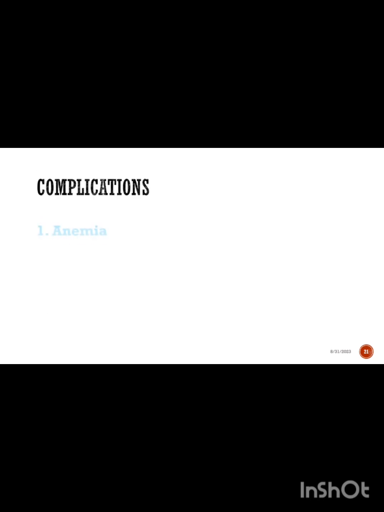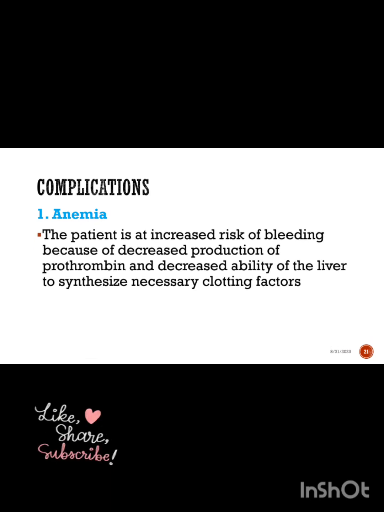Now in relation to our complications, this patient with liver cirrhosis is going to have anemia. Anemia will come in because of bleeding tendencies. The patient is at increased risk of bleeding because of lack of clotting factors, so they'll easily bleed, which can complicate into anemia.